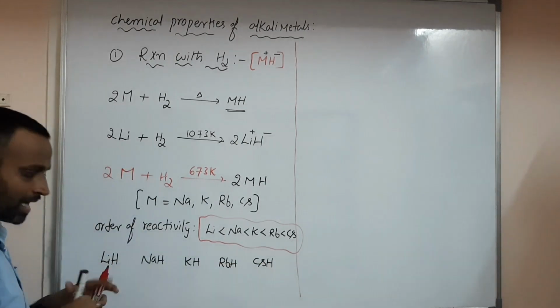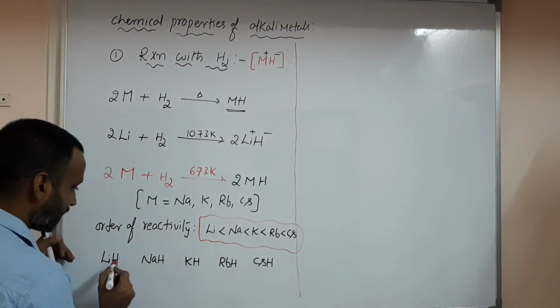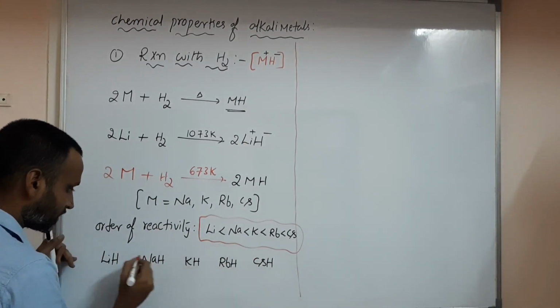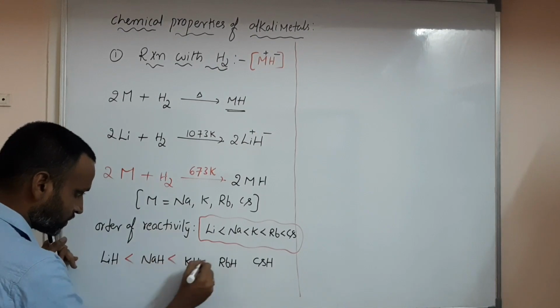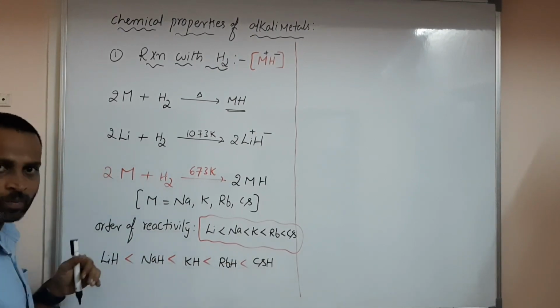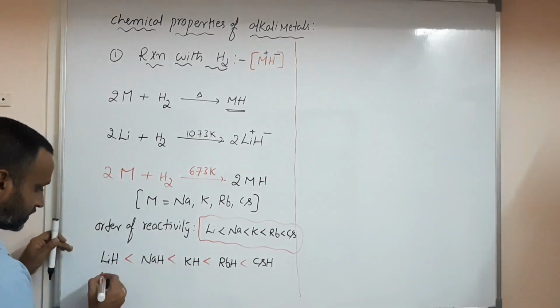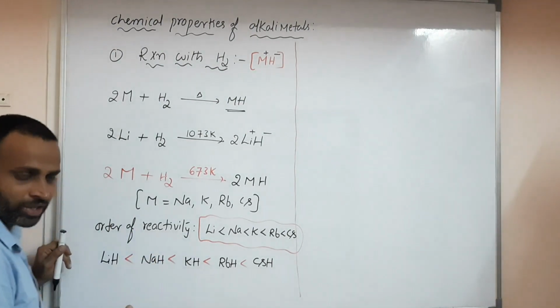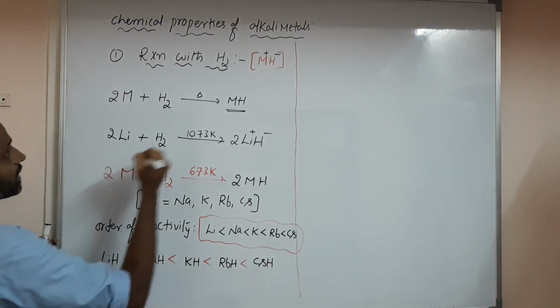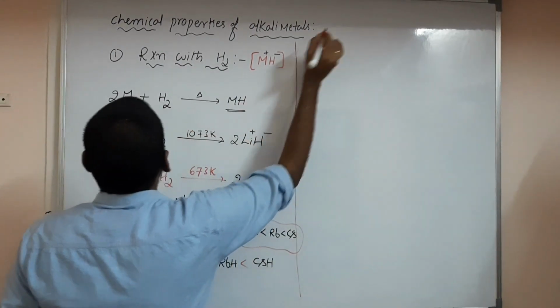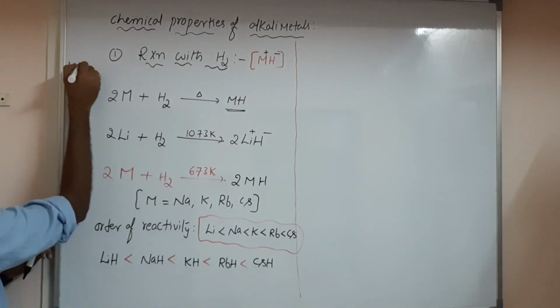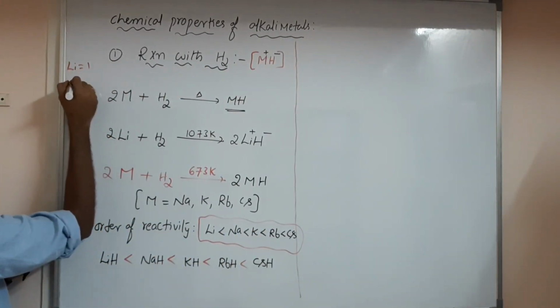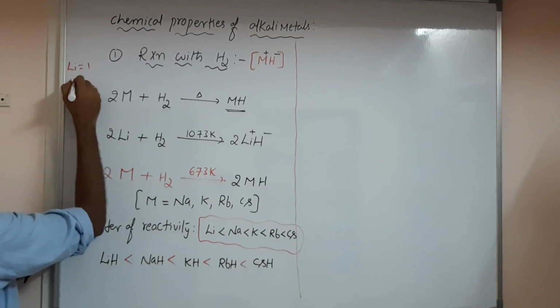As you go from lithium hydride to CsH, ionic nature increases. Why? You know the electronegativity values. Lithium electronegativity is 1 and hydrogen is 2.1.